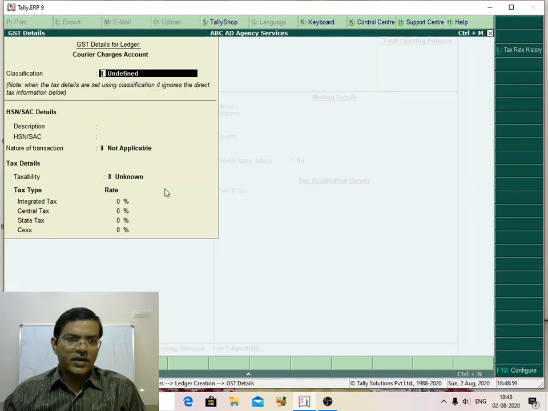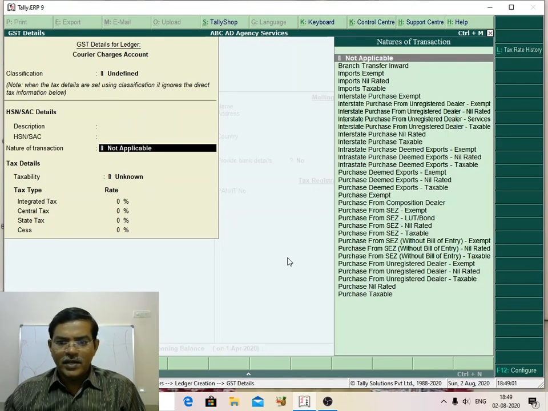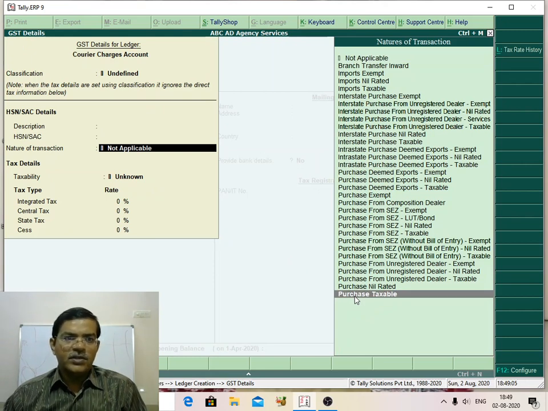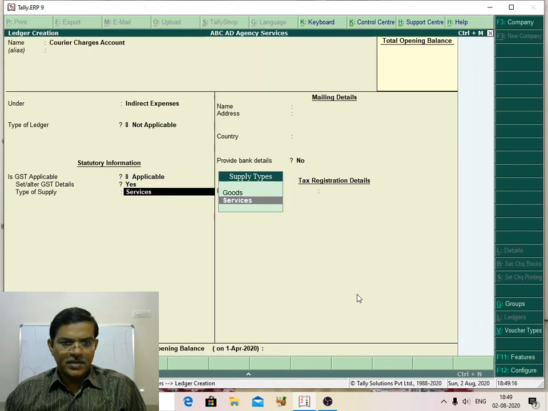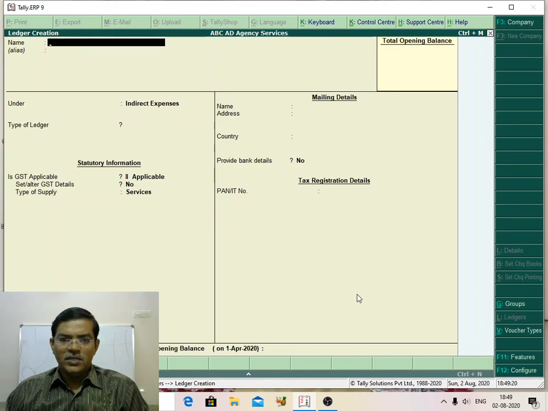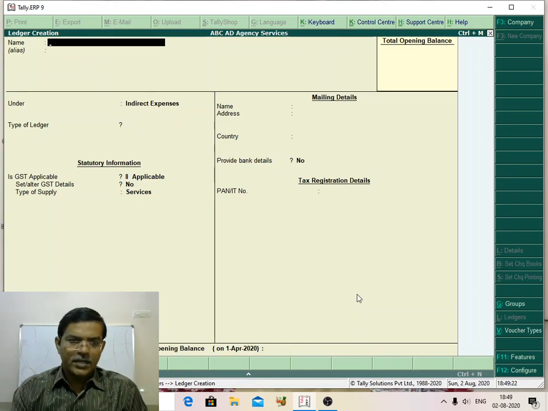I treated it as purchase taxable. All courier charges are treated as purchases for the ABC ad agency. Yes, service purchase taxable. The tax rate is 18%. So it is purely services. Use Ctrl+A. Next, I am going to create legal fee.